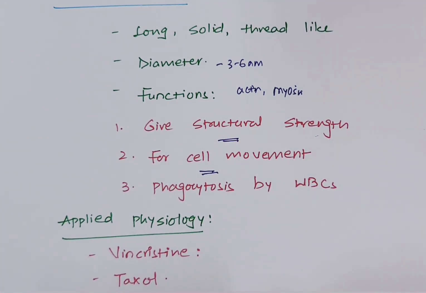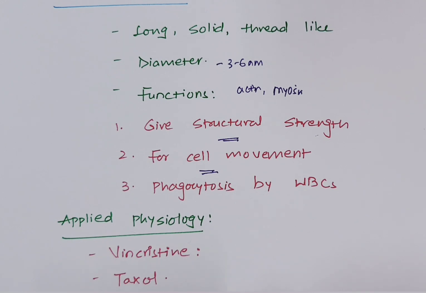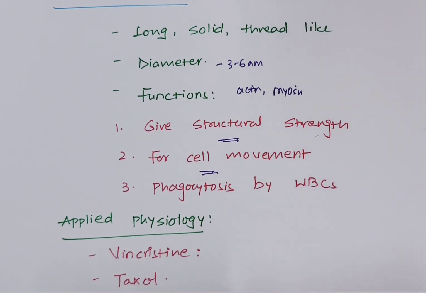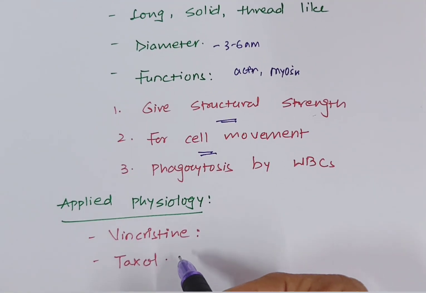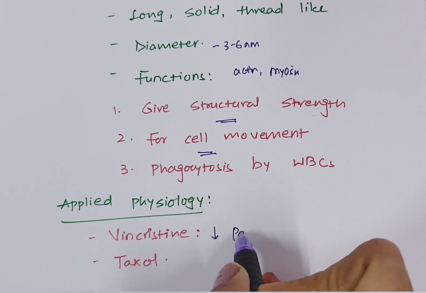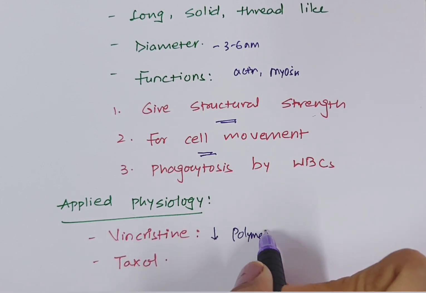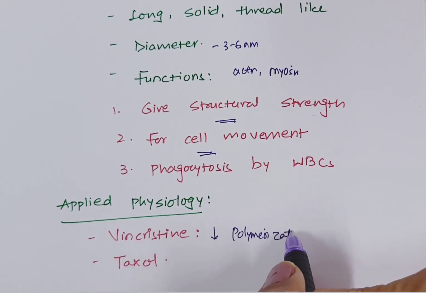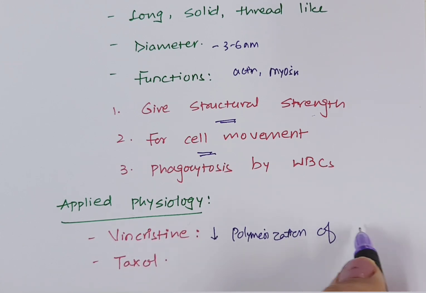One applied physiology point here is that microtubules are the target of a number of anti-cancer drugs. Some anti-cancer drugs destroy the microtubules, and then cell division of the cancer cell is not possible. For example, one drug is vincristine. Vincristine decreases polymerization of the tubulin dimer.